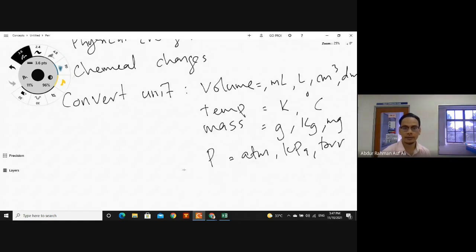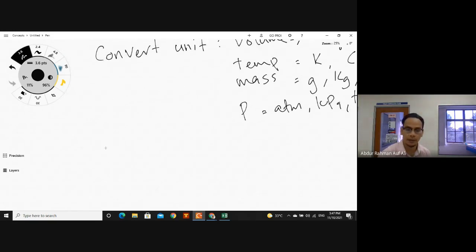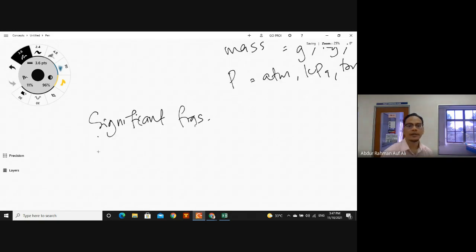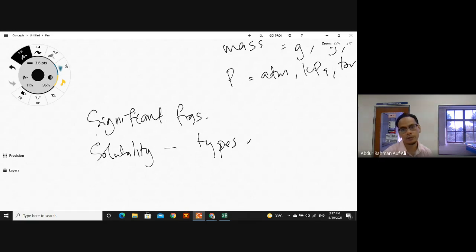And lastly, macam mana nak report data. Okay, report data, kamu mesti tahu significant figures. Okay, and also kalau kamu nak understand most chemical reactions, you have to know what is the type of solutions, solubility, and this is the types of solutions.